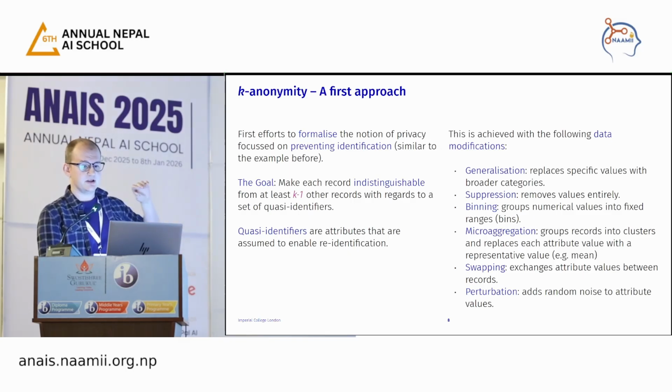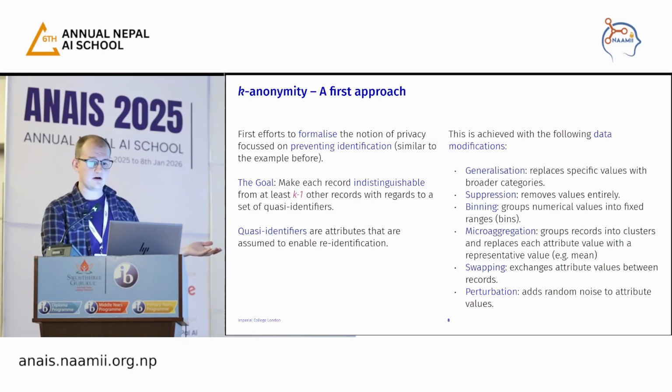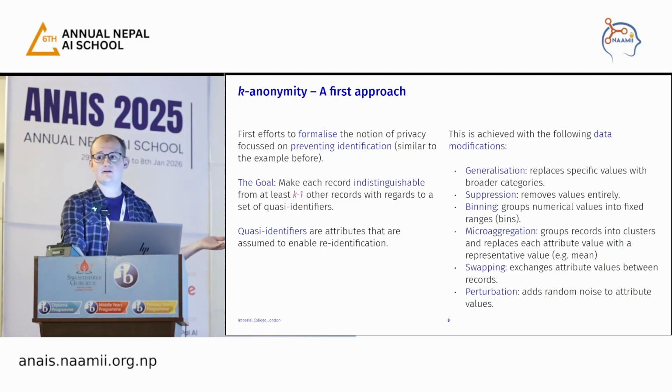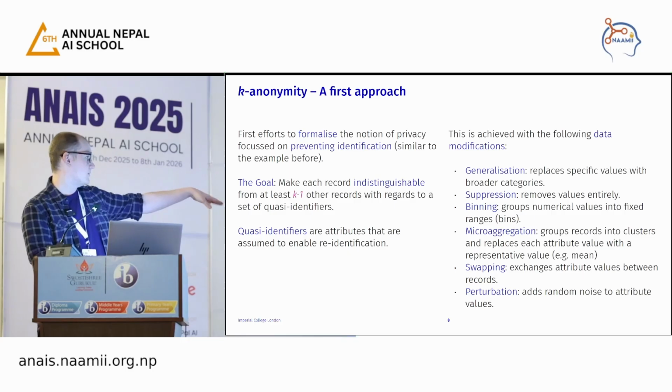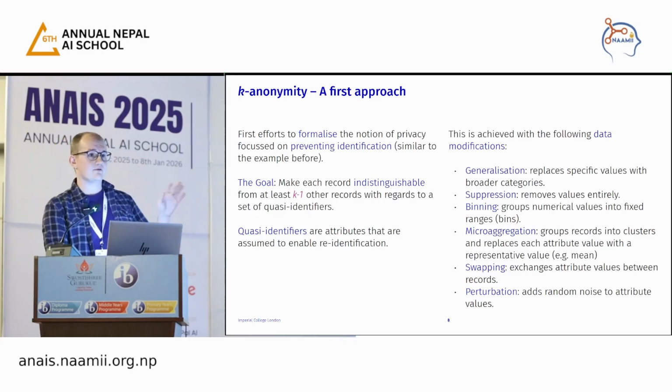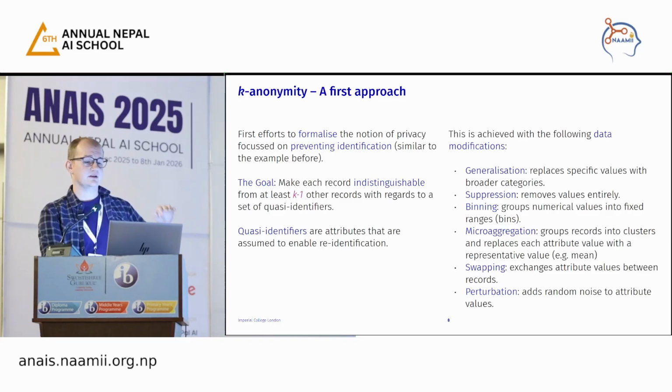Binning is essentially the generalization equivalent for numbers, where instead of reporting an exact number, we bin it into a bin of plus minus values. Microaggregation does the same thing, but instead of having the bin, it just has a representative value for that bin. And then there's also swapping and perturbation as other approaches which play around with your data to make it look a little bit different than the original one.